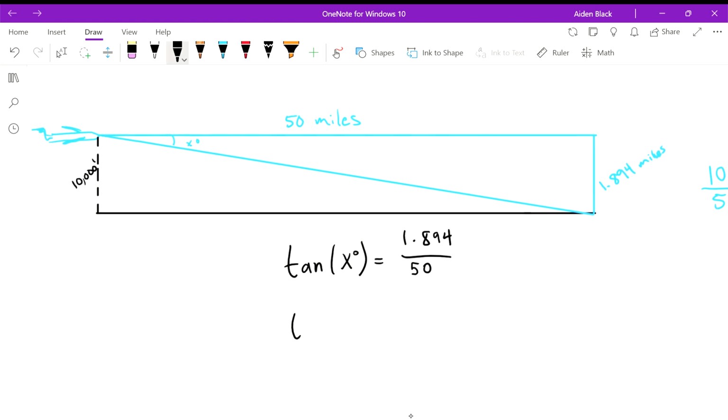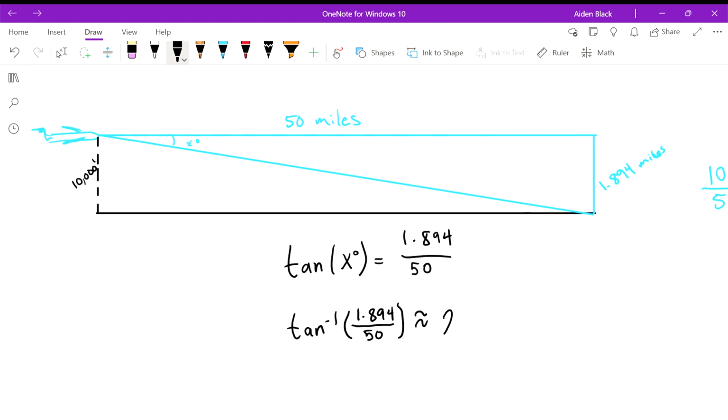Now we can use the inverse, tan inverse of 1.894 over 50, to determine that angle. So I'll type that in. Tan inverse 1.894 divided by 50.